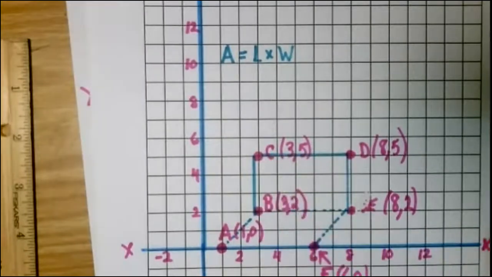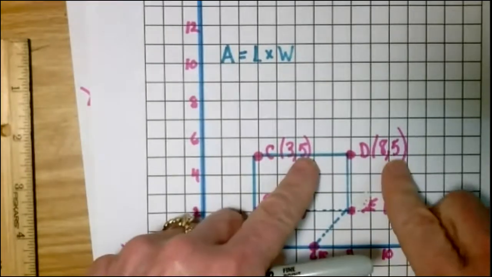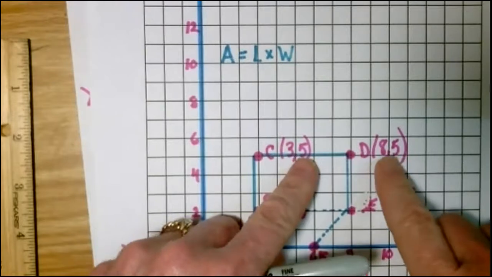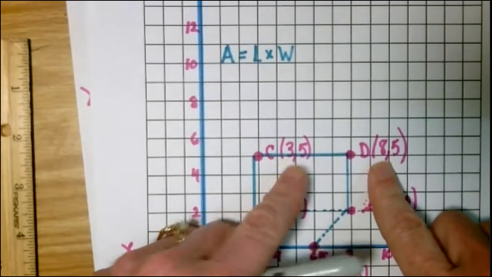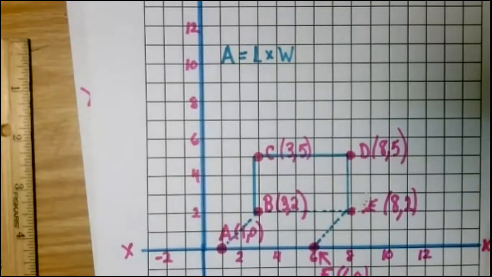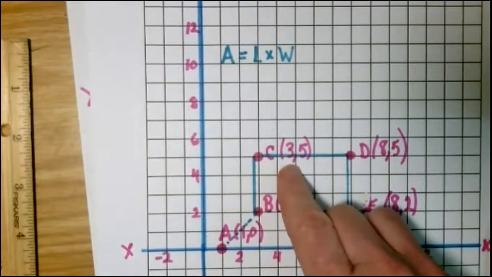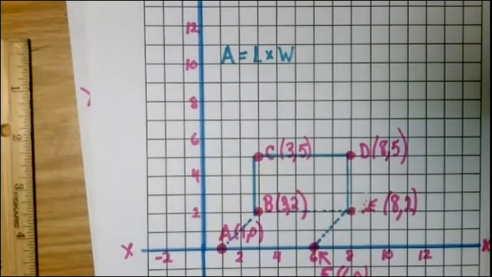We can count, or we can say, well, we know that we're at 5 for the y values, so we could subtract the absolute value of 8 minus the absolute value of 3. What would we get? Well, we can count 1, 2, 3, 4, 5, right?